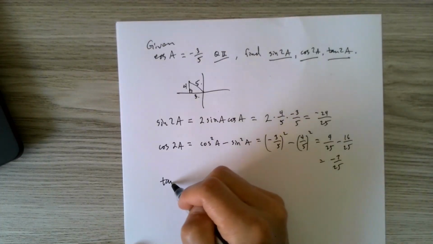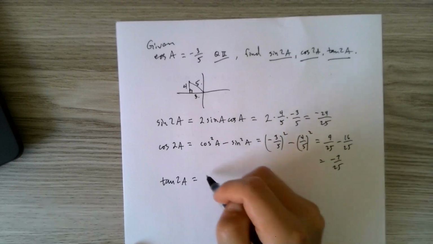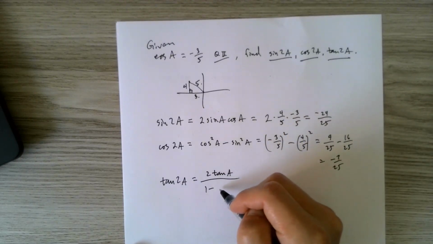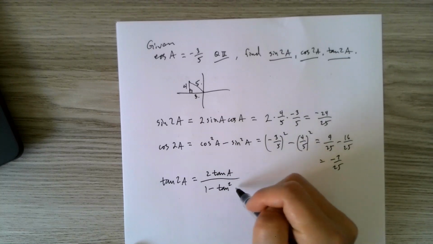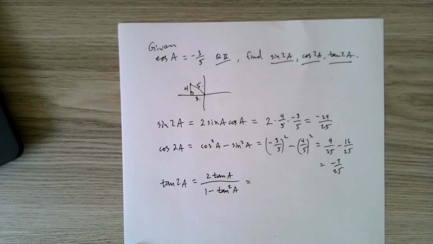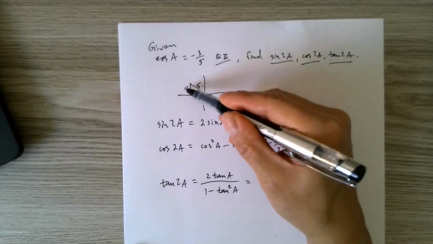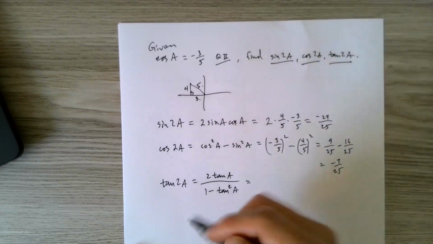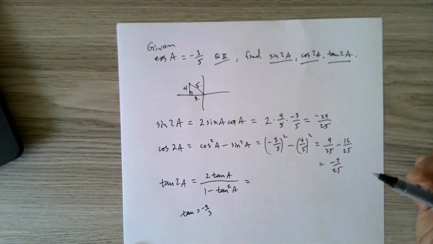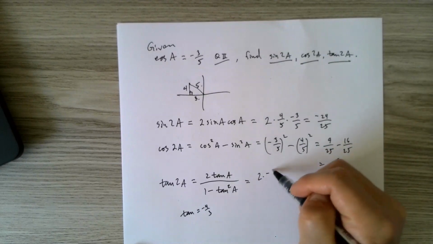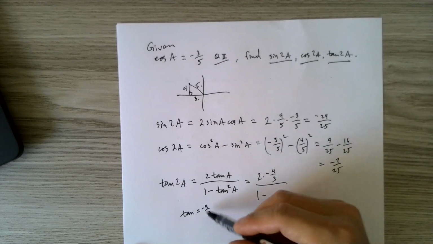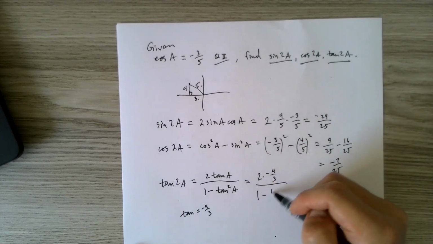And then finally tan of 2a, which is 2 tan of a over 1 minus tan squared a. Okay, so we're in quadrant 2, remember? So the tangent is -4/3. So I'm going to write that here so I don't forget. -4/3. So 2 times -4/3 over 1 minus the square of this, 16 over 9.